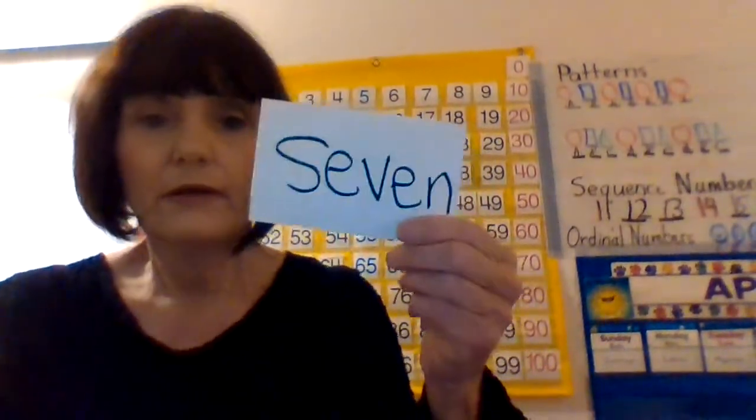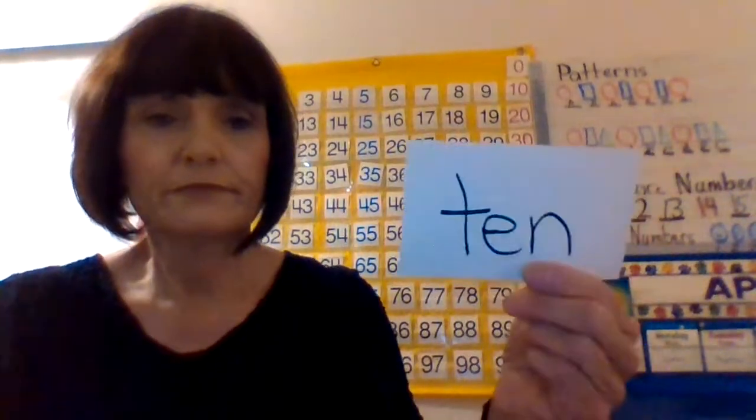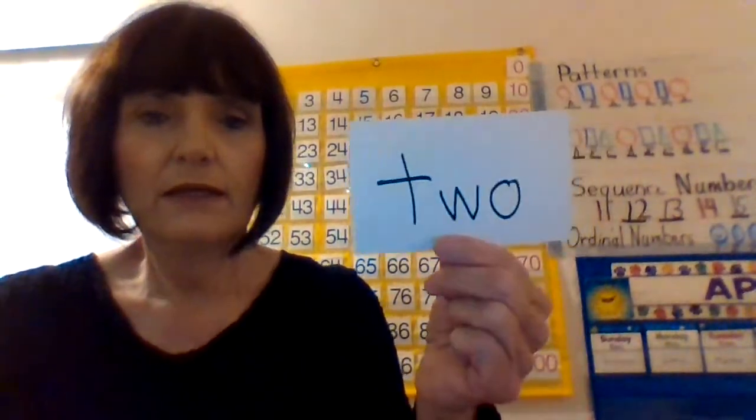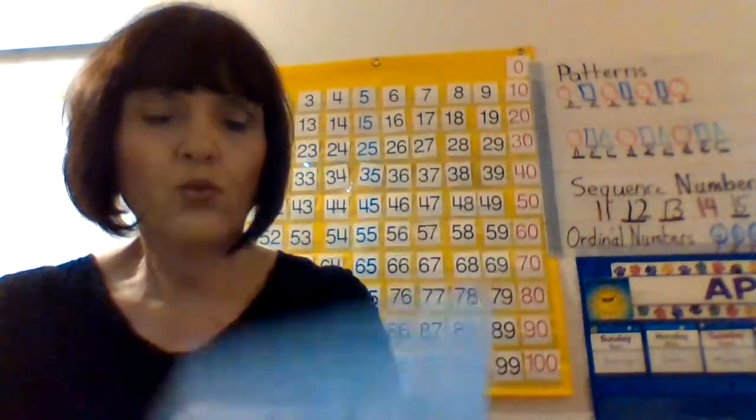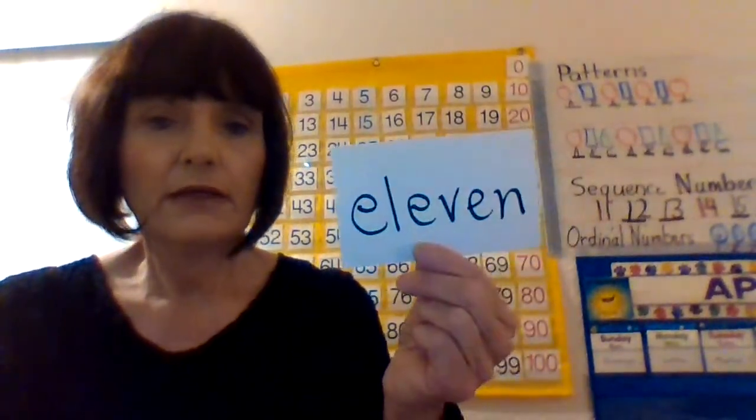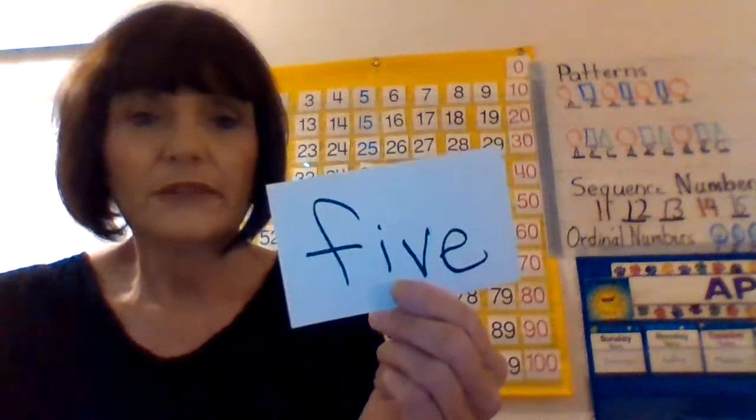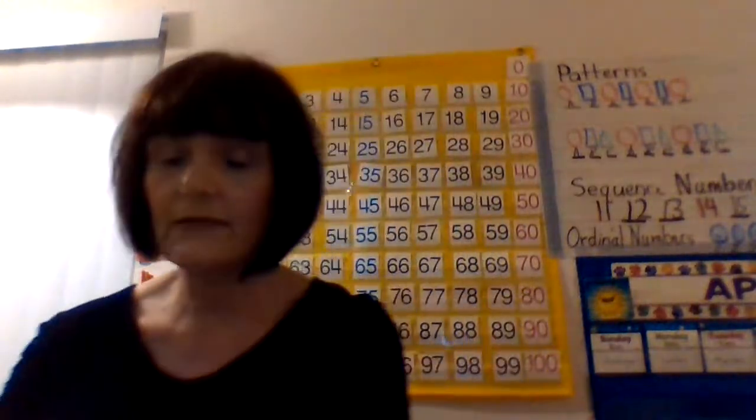Oh, I popped 12 in there. 12. 4. 7. 10. 2. 1. 11. 11 jumped in there too. 0. 5. 8. 3. Please be practicing those so you recognize them without any trouble at all.